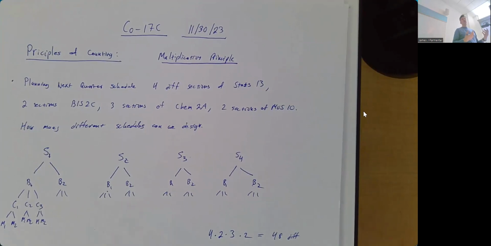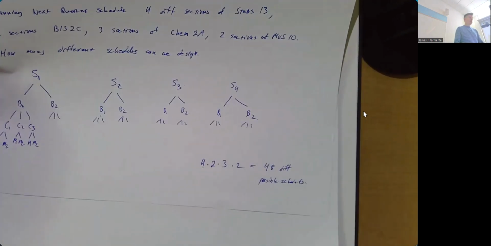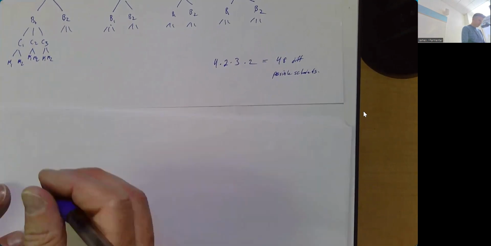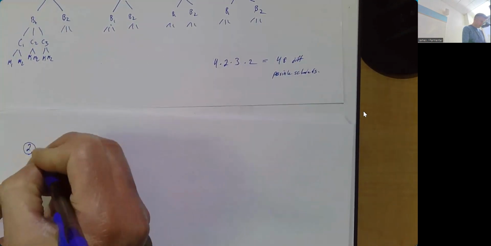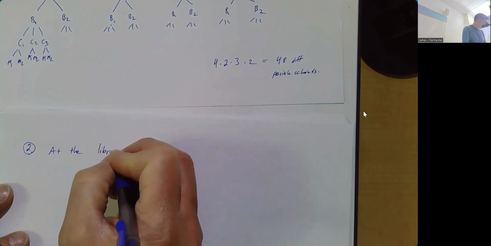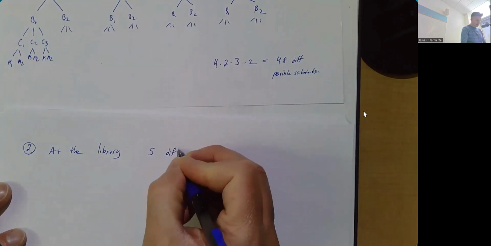So this is kind of where the permutations and the combinations come into play. For example, at the library. Which might seem kind of silly. Let's say that there are 5 different chemistry books.